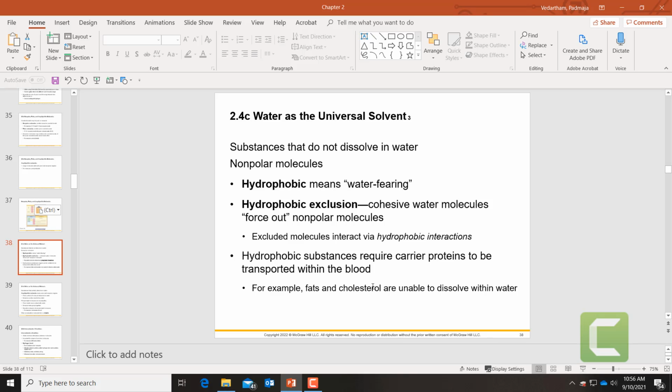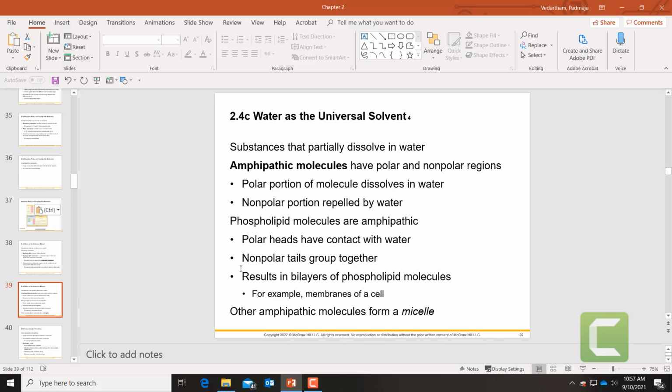And cholesterol is attached to proteins called lipoproteins. For example, we have HDL or LDL, high density lipoprotein or low density lipoprotein, depending on how many proteins they have. So the fats and cholesterol are covered by proteins, which allow them to be carried in the blood.